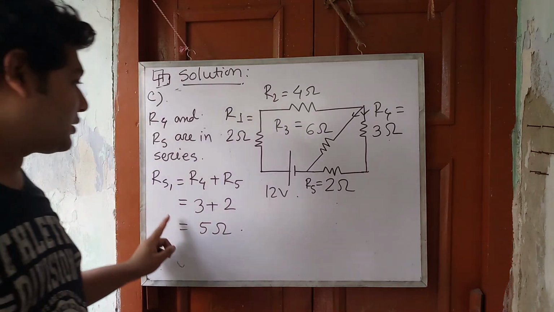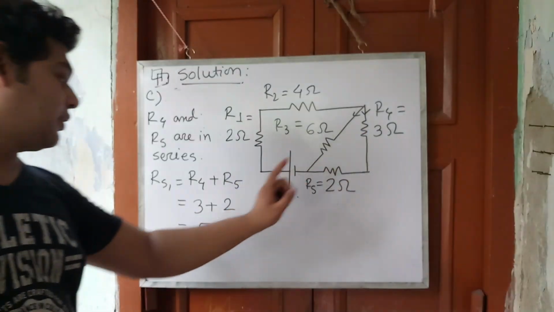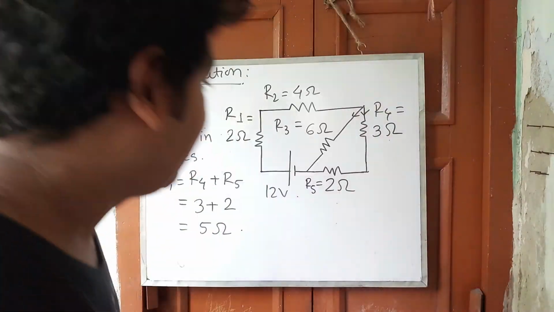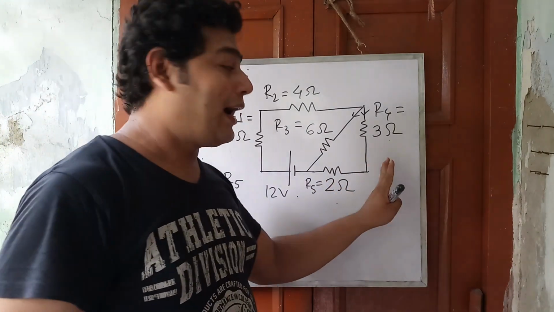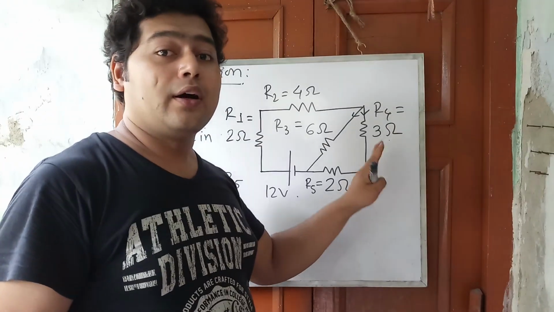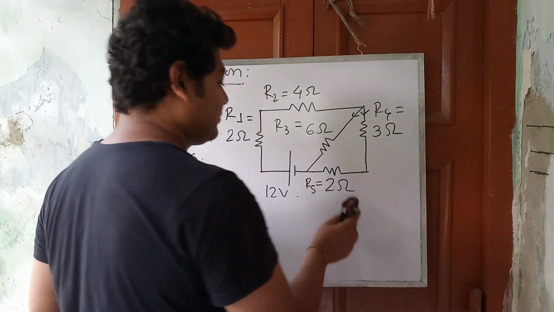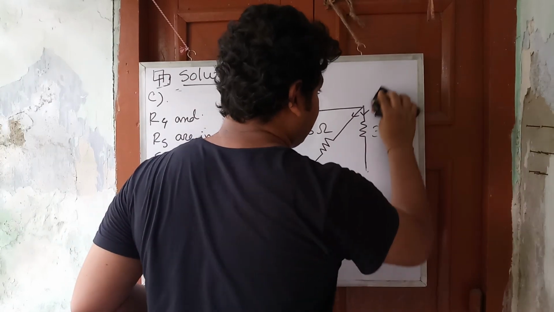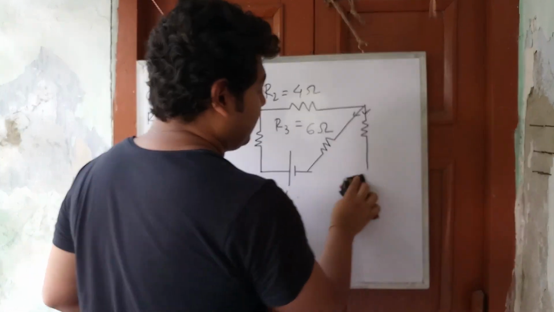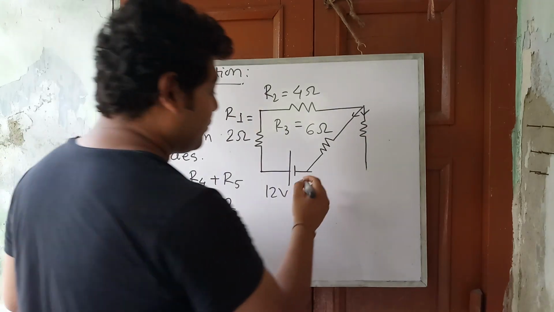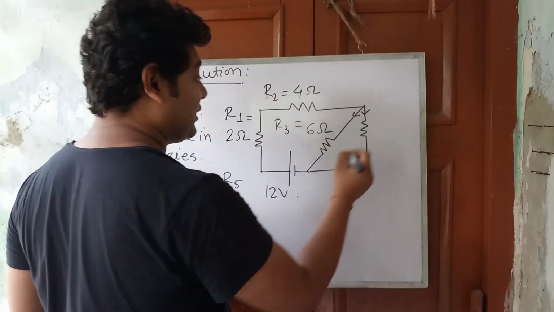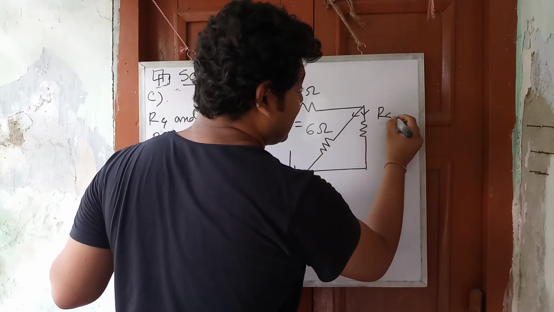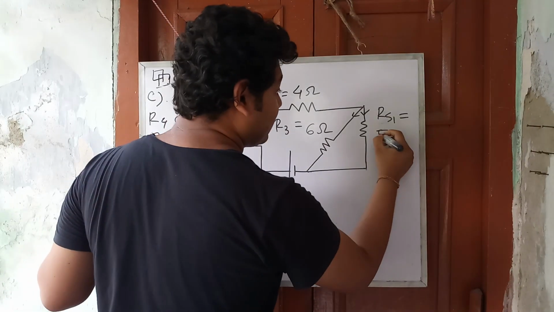This is our first equivalent part. This is not mandatory, I am showing you for your understanding. With these two resistances we get one equivalent resistance, and that is Rs1. Then we can write this resistance as Rs1 equal to 5 ohm.